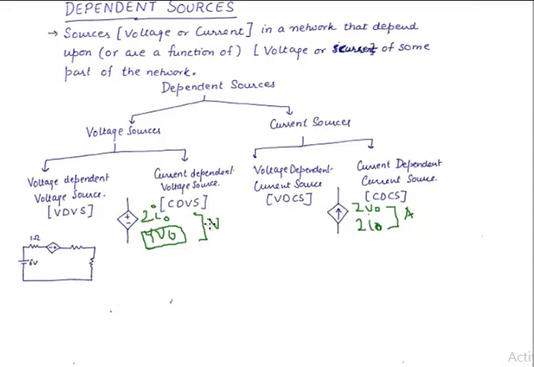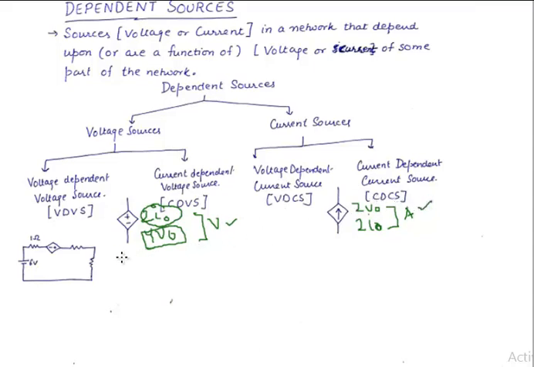So do not get confused if you see a 2I0 here. It does not mean that it's a current source. It simply means that the magnitude of this voltage source is twice that of the current I0 flowing in that network. So this is simply magnitude. It has got nothing to do with its units, and of course this is again magnitude only.